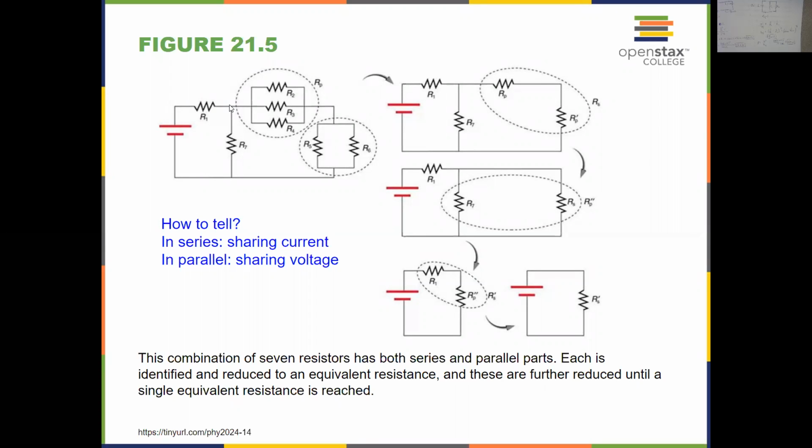The current going through R1 will be split into two, one going through this branch and one through that branch. So the current going through R1 and R7 is not the same. Those two are not in series. It looks like they are, but actually they are not. That's how you can tell. All right.